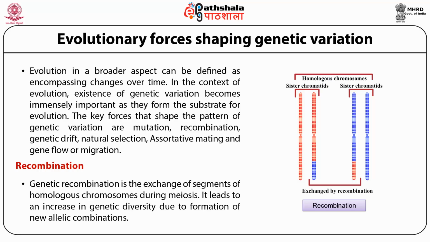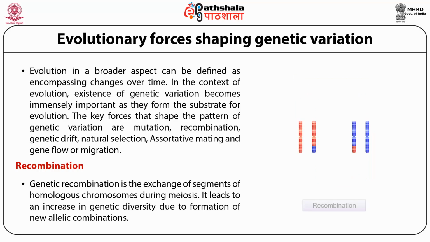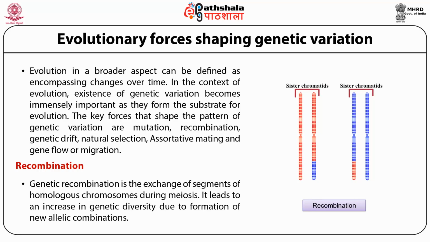In this context, two events have been observed: one, hitchhiking, and the other, selective sweep. Hitchhiking results when positive selection at a locus leads to a rise in the frequency of another allele, and selective sweep occurs due to reduced genetic diversity at loci linked to a recently fixed allele.